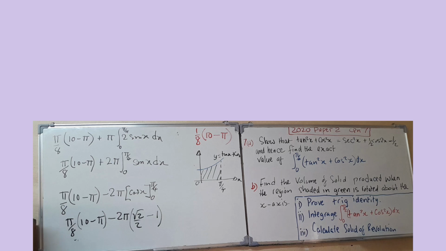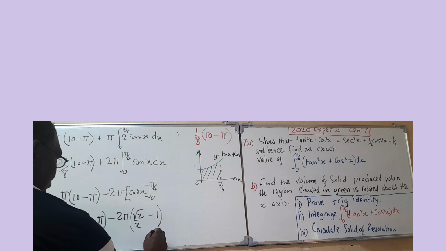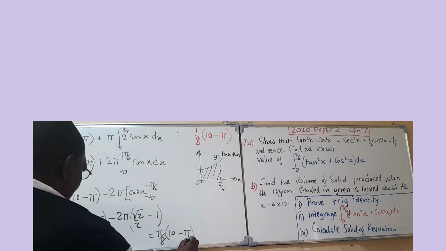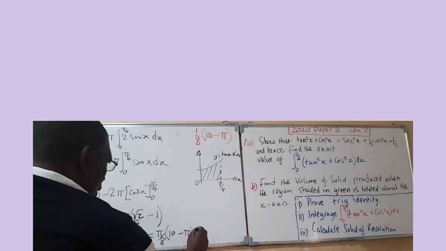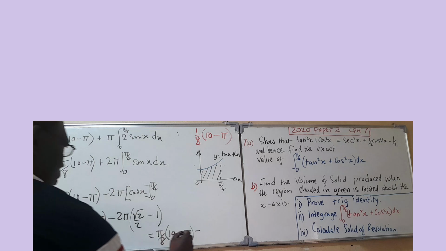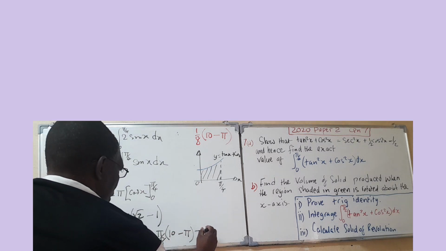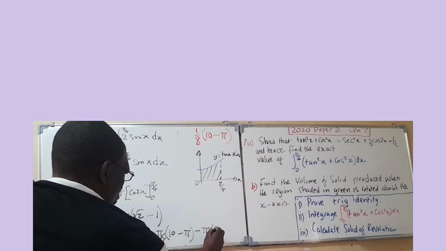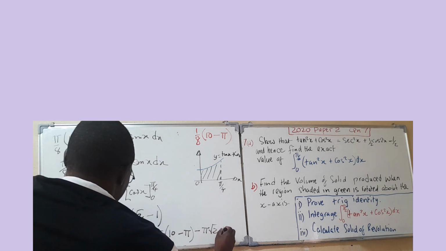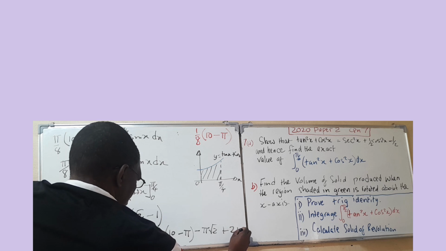Of course, now we can remove the brackets and say this is equal to pi over 8 bracket 10 minus pi bracket minus, this 2 and that 2 cancel, minus pi root 2, that becomes a plus 2 pi.